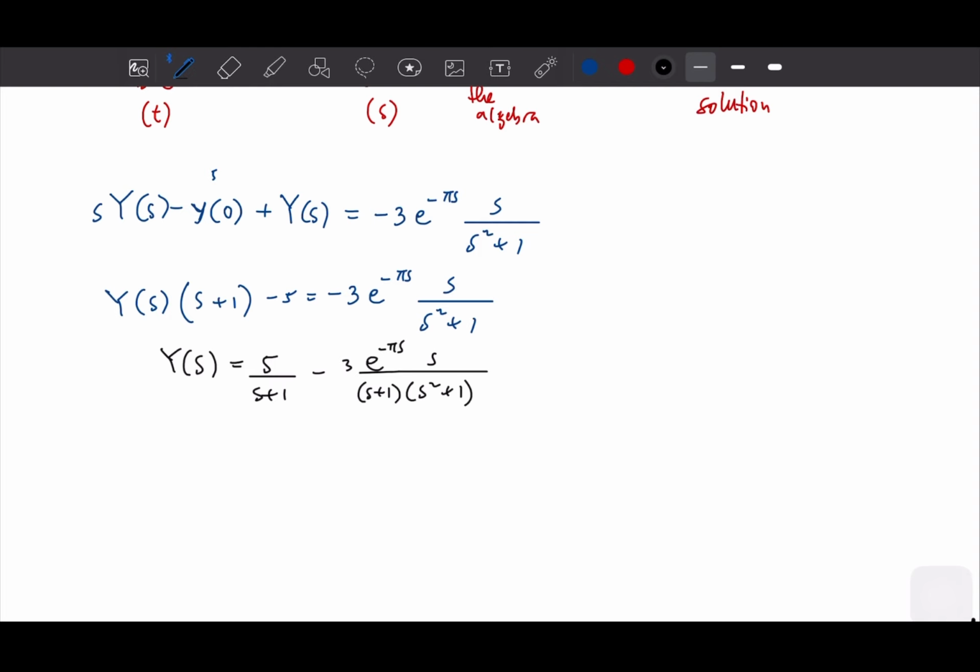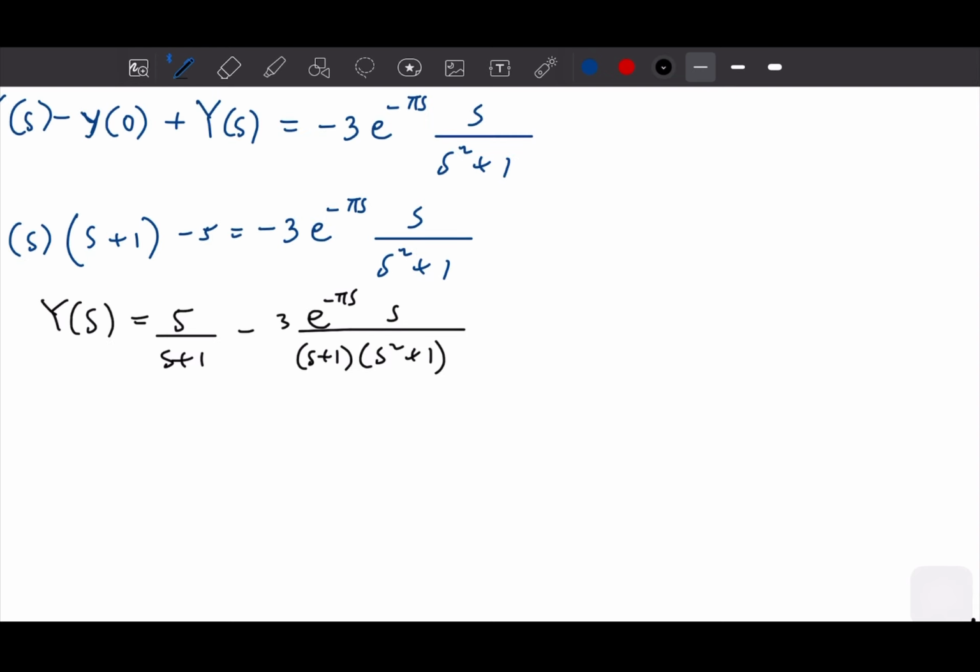And we need to take the partial fractions. So this part here needs the partial fractions.